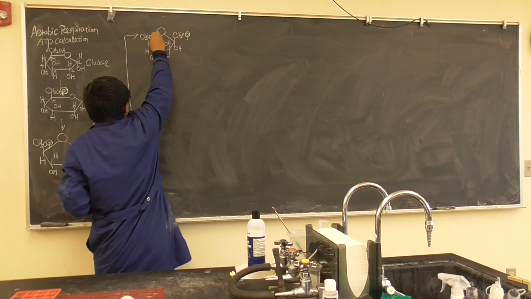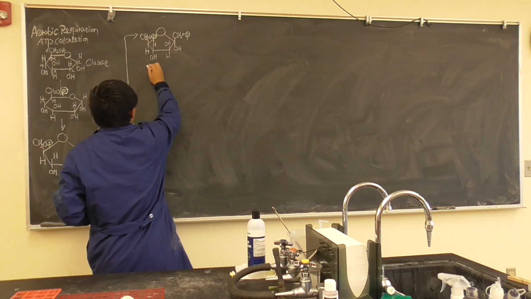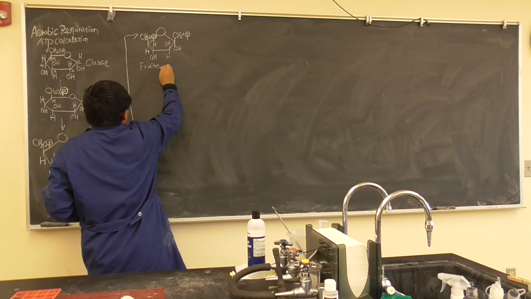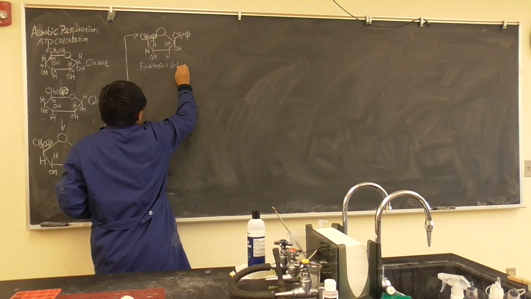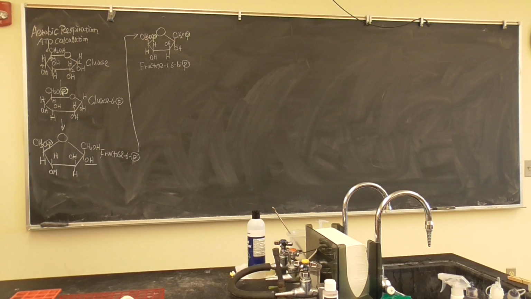I use a P to add the phosphate there. So this one we call fructose 1,6-bisphosphate.